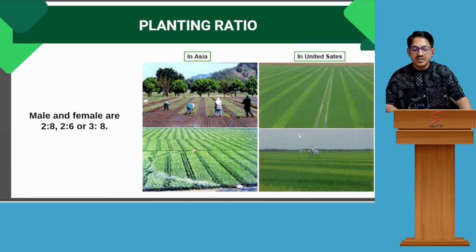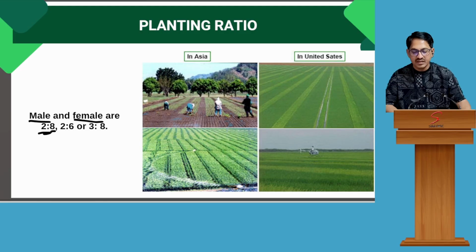In case of hybrid seed production, we have to maintain the planting ratio. Planting ratio means male and female rows. How many rows of male line and how many rows of female lines must be grown? You can see here clearly.